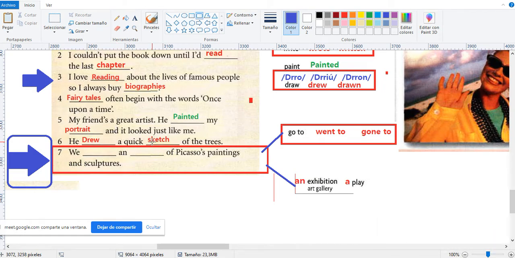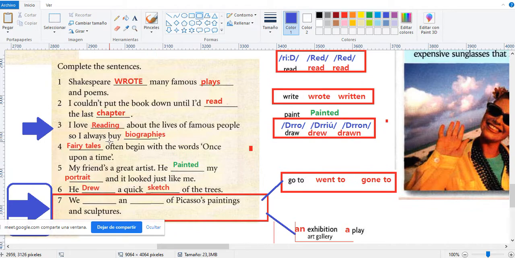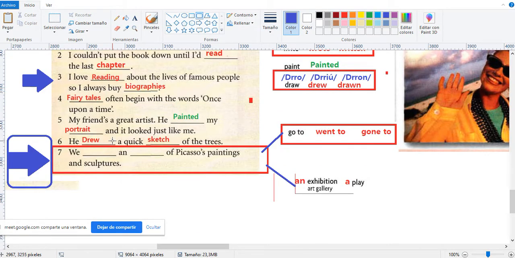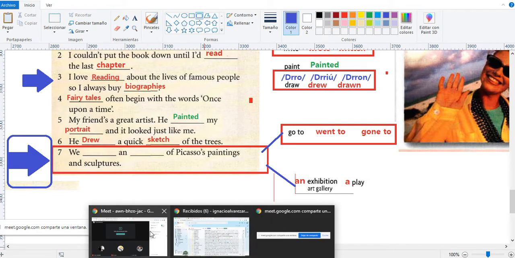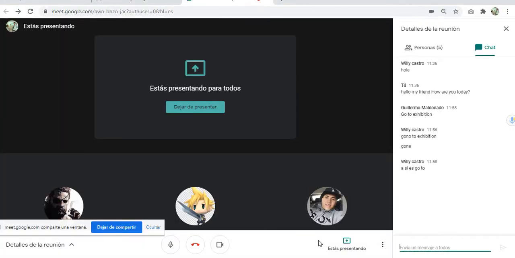Y estamos viendo los pasados, ¿ya? O situaciones en donde tenemos que hablar de las cosas que acostumbra hacer alguien para relatar cuentos, ¿ok? En English. That is the activity.